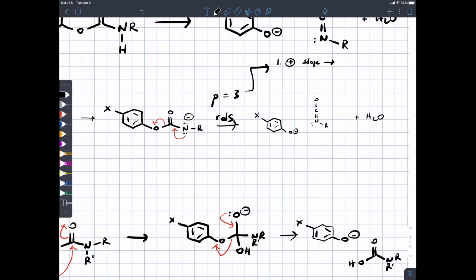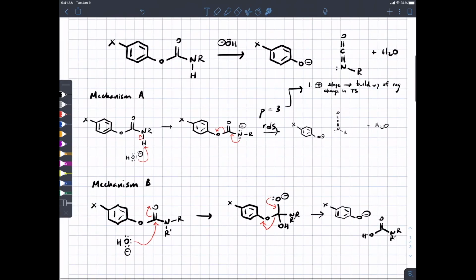Buildup of charge in the transition state has to be negative, sorry, buildup of negative charge. And the reason we know that is because the reaction is slower for groups that have negative sigma values that are electron donating groups, and faster for groups that have positive sigma values or are electron withdrawing groups.